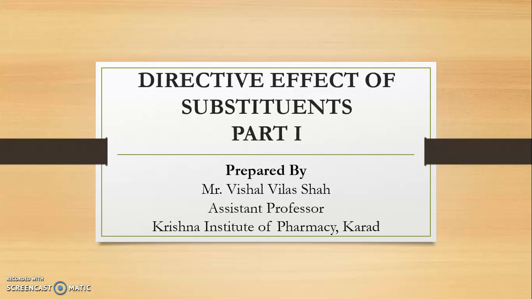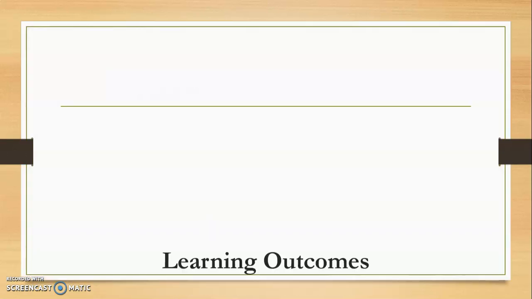Ultimately, the answer is electronic effects like the resonance effect and the inductive effect. Apart from this, the incoming electrophile is specifically directed either at the ortho-para or the meta position. Now these effects are known as the directive effects. So let's see one by one what is the meaning of directive effect.